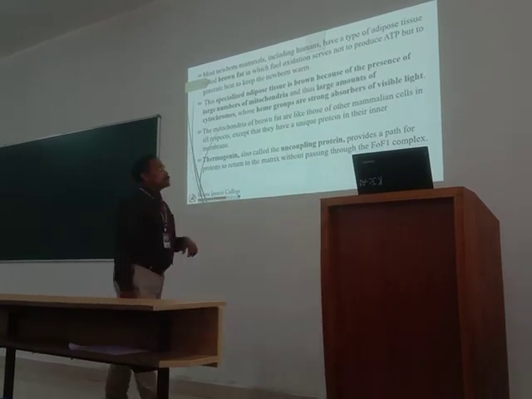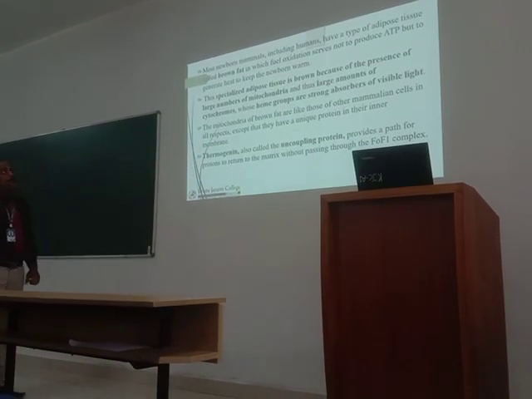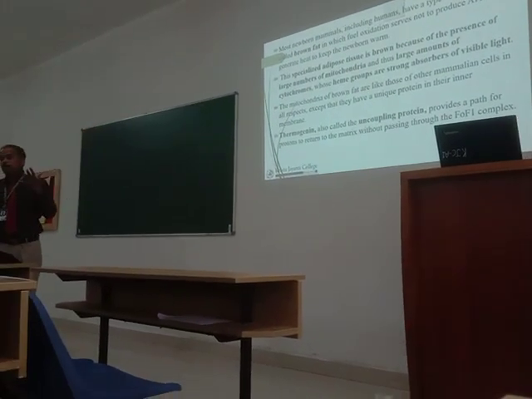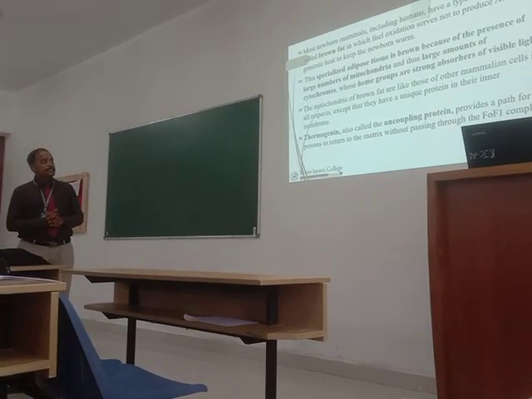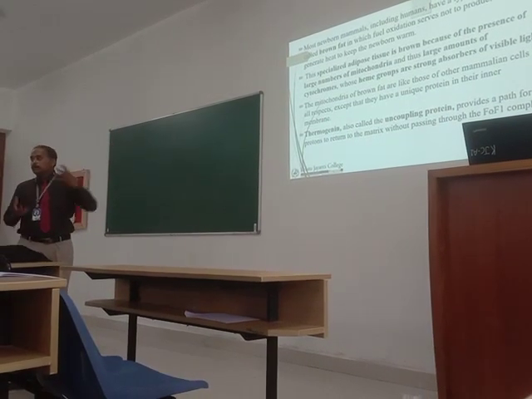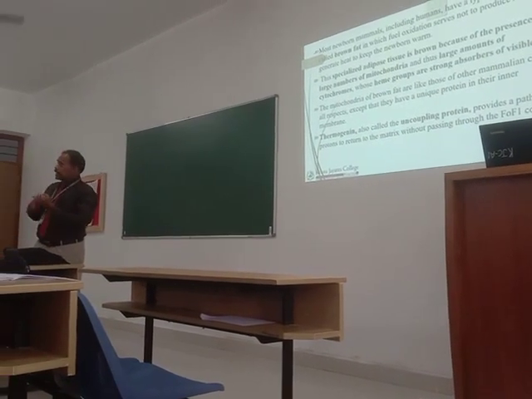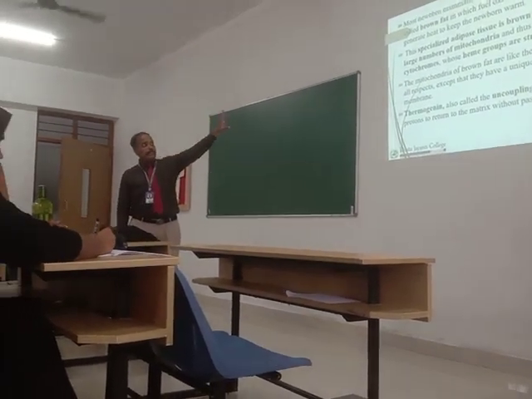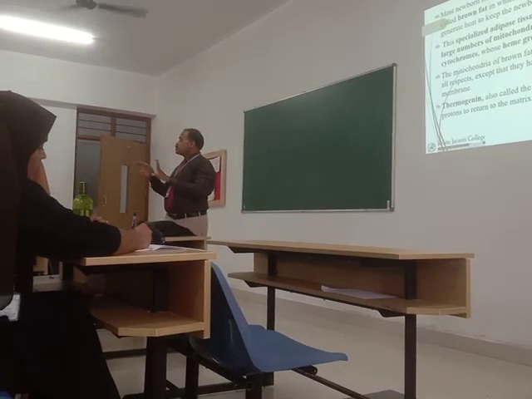If you see the explanation part, newborn mammals, including humans, have this adipose tissue, which we call brown fat. Here the fuels which are getting oxidized, the fatty acids, carbohydrates, proteins, serve not to produce ATP.